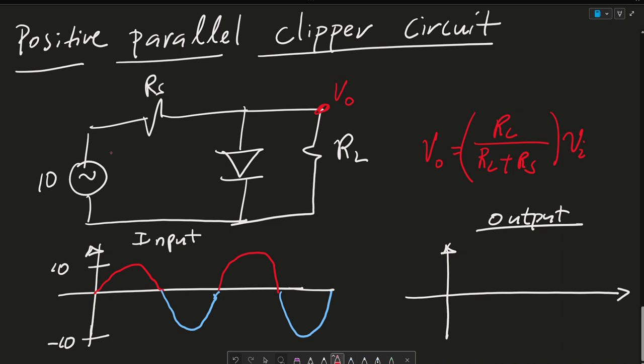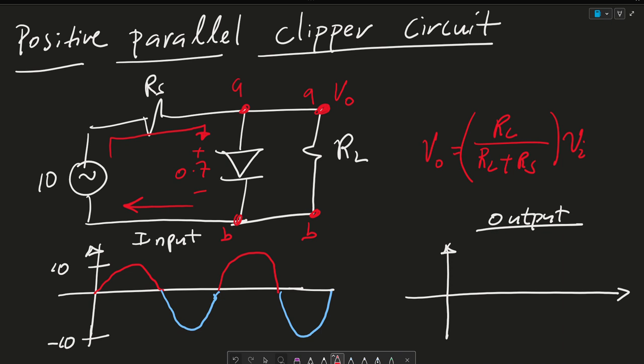For the positive waveform, when we pass this through here, there's a drop of plus or minus 0.7 if this is a silicon diode for it to keep going. So the drop across A and B is 0.7, and the drop across my V output A and B is also going to be 0.7.